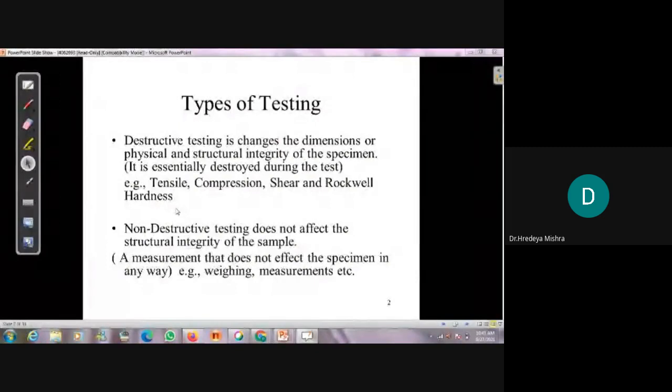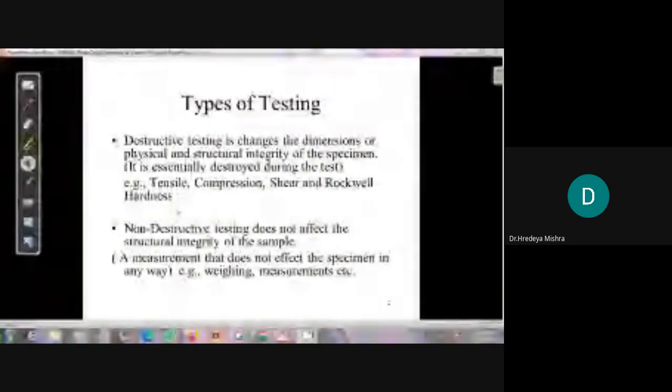We apply the load till the specimen is fractured. It may be a hardness test, or it may be impact testing. What happens in impact testing? We apply the maximum load where the material fails, so we can measure the toughness of the material by impact testing.